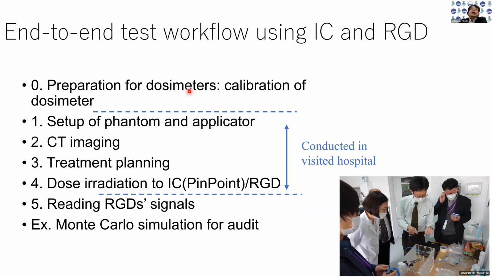So this is the workflow of using ion chamber and RGD. Firstly, we prepare the dosimeter and calibrate the dosimeter. Next is the setup of the phantom and applicator, taking the CT imaging, and performing the treatment planning, and irradiating the prescribed dose to the pinpoint chamber or RGD.